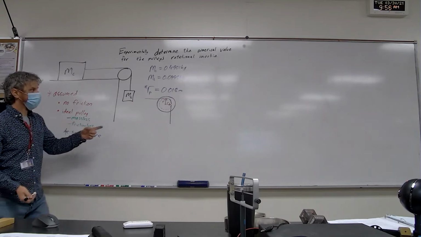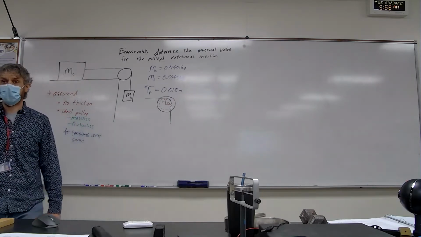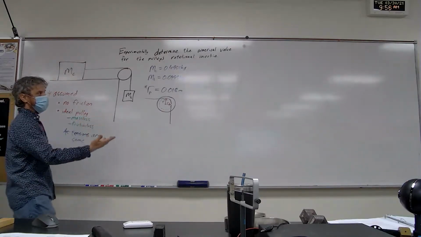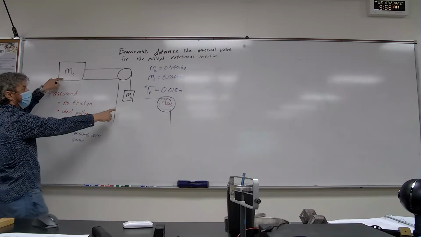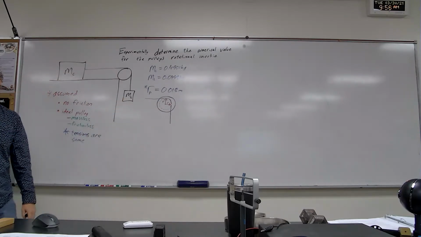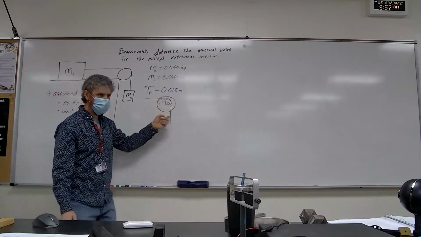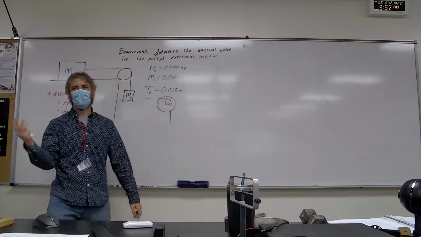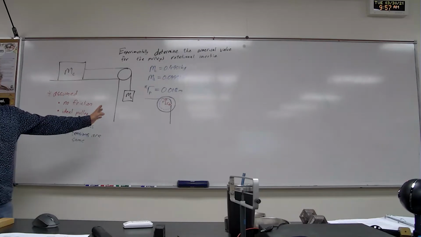Now, though, we don't have the same tension on either side, so that same question would require you to solve for three unknowns. You'd have the acceleration, you'd have this tension and that tension, which means just a free body diagram for these two wouldn't be enough. You'd have to generate a third equation, but since we now can do Newton's second law for rotational motion of the pulley, we can now generate that third equation. Okay. This question isn't asking you to do that, though.